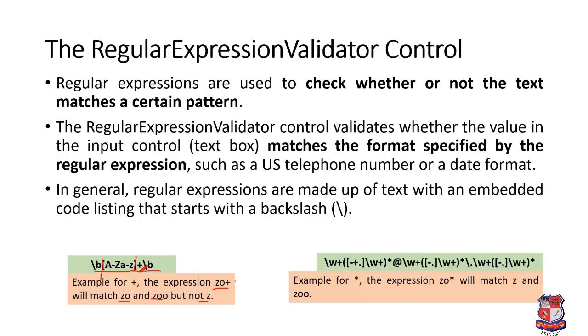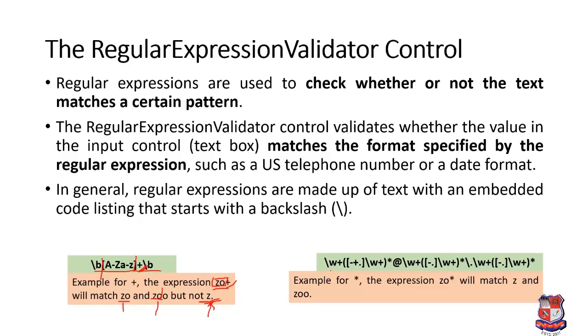Why? We are using the plus sign over here, so the meaning of this plus quantifier is that before the plus sign, that character must be matched with the string. If we are talking about this string, it is matched. If we are talking about this string, it is also matched because zo is available there, but in this string only z is there, o is not available. So this plus quantifier is used like this.